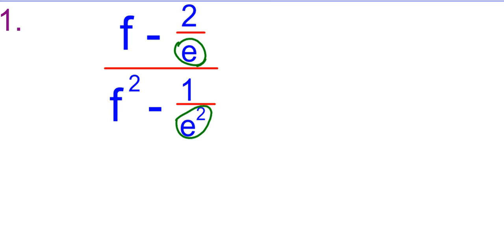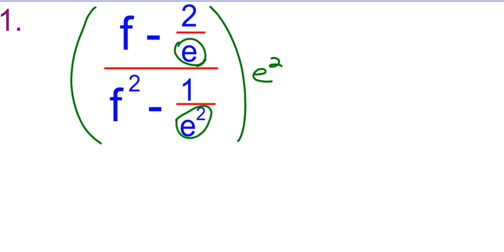Between those two terms, the common denominator is e squared. So I'm going to multiply my numerator and my denominator by e squared. Think of it as taking e squared over e squared. In other words, we're multiplying by 1, because e squared over e squared is 1.